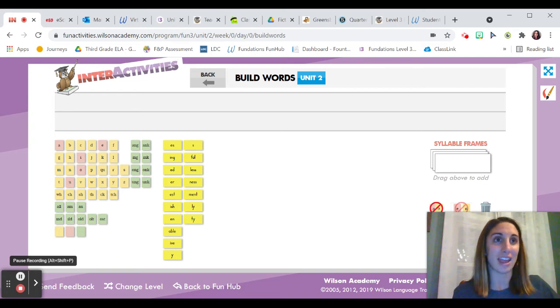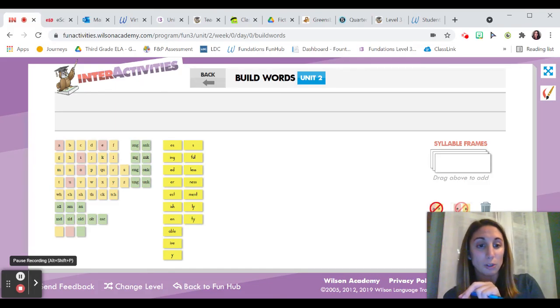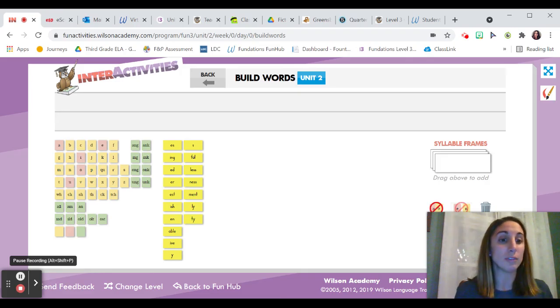Or bench needs an ES. Maybe you could even go back on this video and rewind a little bit and see what some of those plurals that we built today were. Blocks, though, only needs an S. So those are some ideas of examples that you could add on that page in your notebook. Then you're going to go and find in the spelling section the irregular plural page.